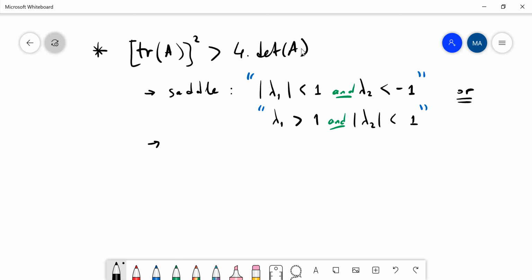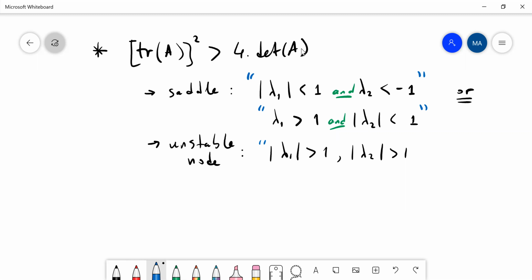Now, it will be an unstable node, okay, if you have lambda 1 greater than 1, lambda 2 greater than 1, okay? Again, this is just a statement as a whole. So this is an AND condition.